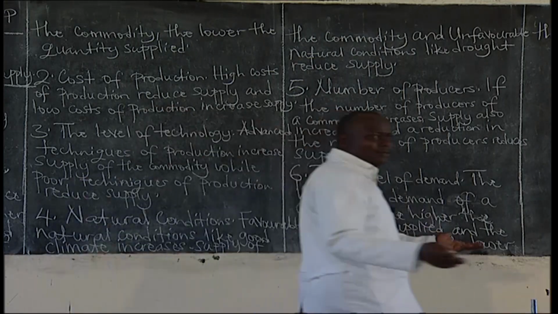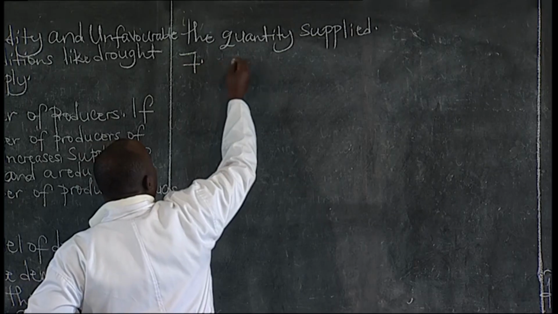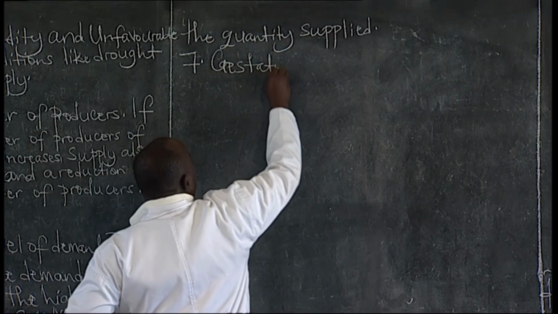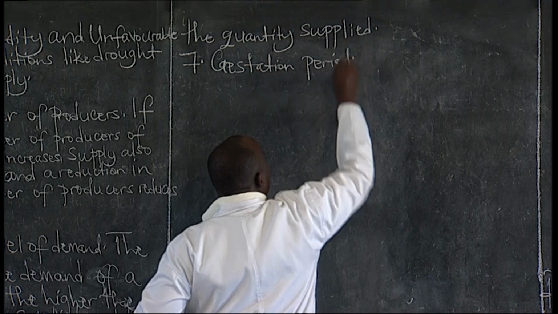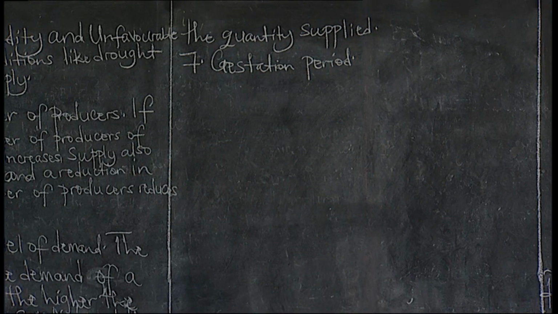There are other factors that can affect supply, like the gestation period. This refers to a period of maturity. Commodities which take long to mature have low supply, unlike those which take a short period to mature.